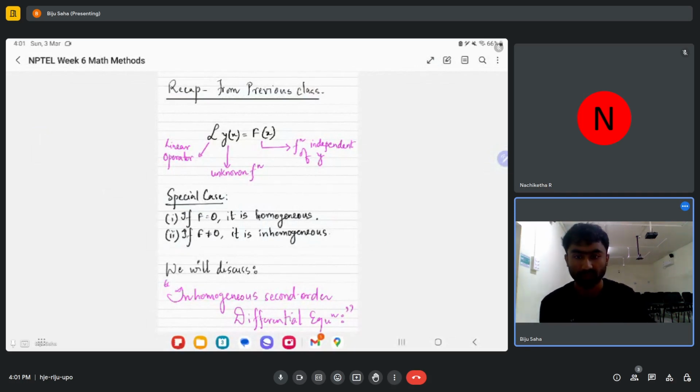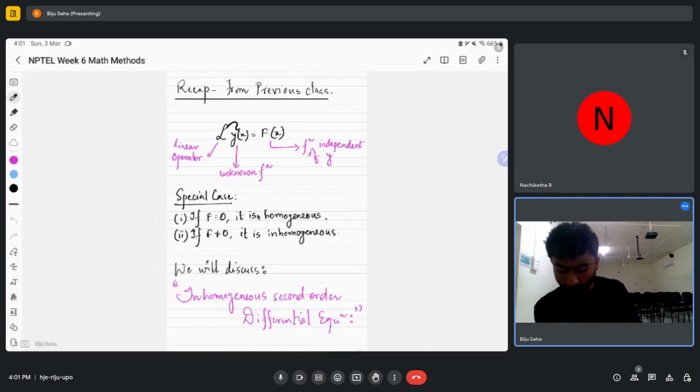So I'll start with the recap from the previous class. In the previous class, I introduced a notation of expressing the differential equation in the form of an operator. The operator I have denoted as a curly L, denoting the second order differential operator.